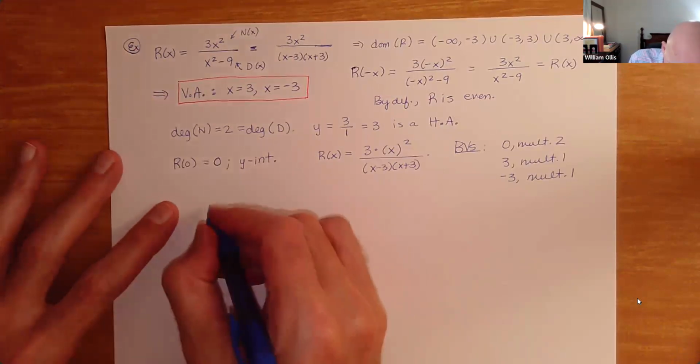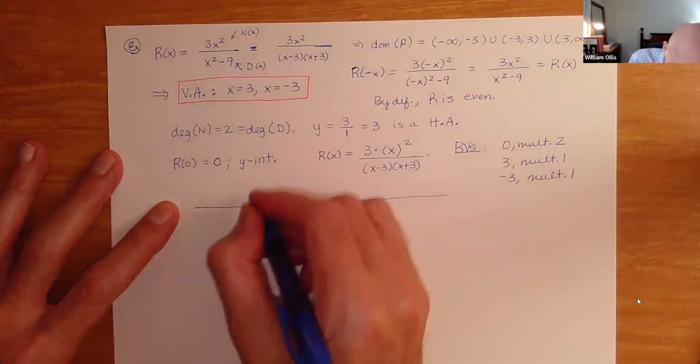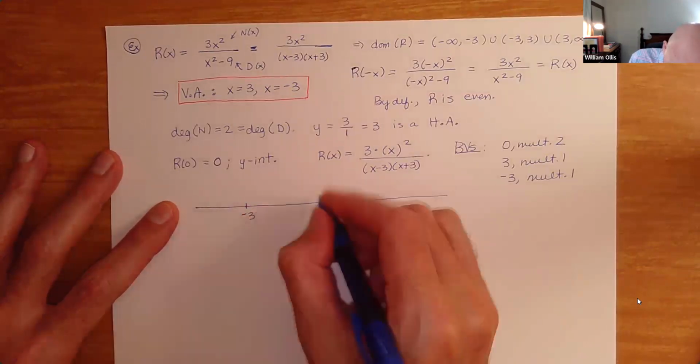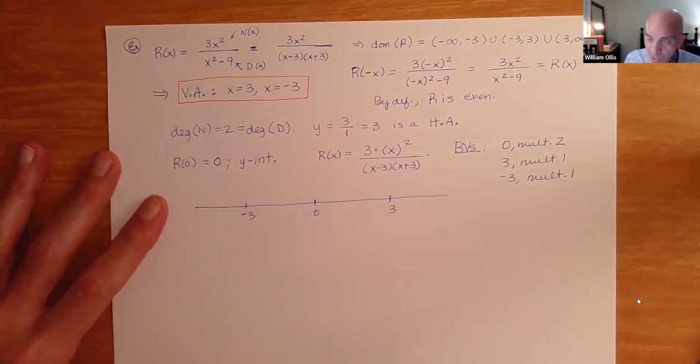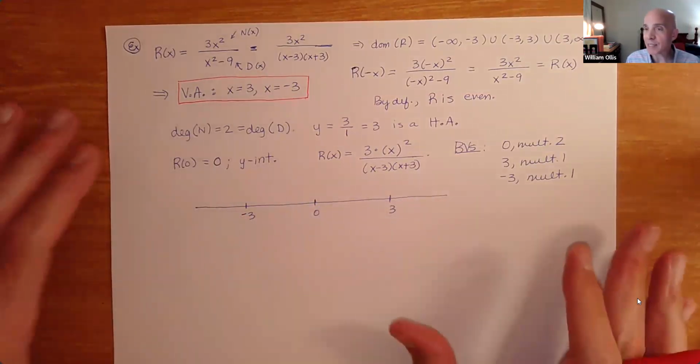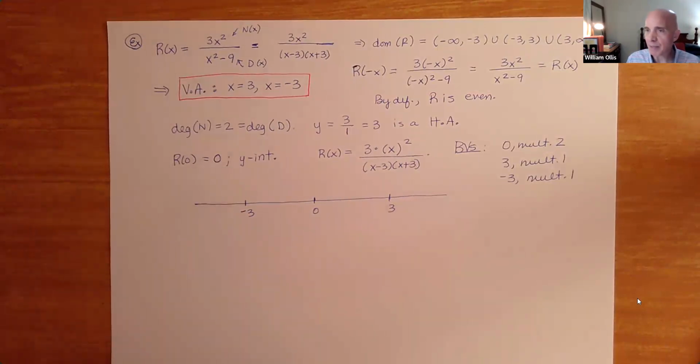So now let's go ahead and draw our number line so we can see what the convention will be. So we have negative 3, we have 0, and we have 3. Now, just like we did with the polynomials, we do exactly the same. And when we were doing the inequalities that we did at the beginning of the course, I was already doing the same thing. So we are refocusing on the sign convention to help ourselves really get the idea of inequalities and an efficient way to actually solve them.